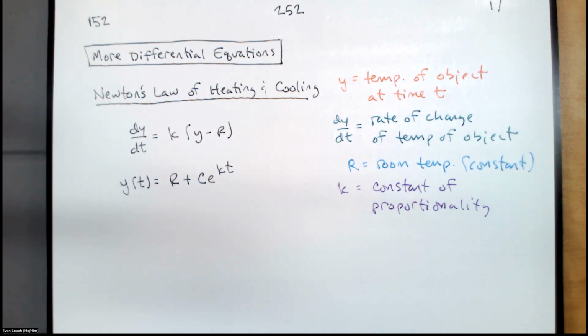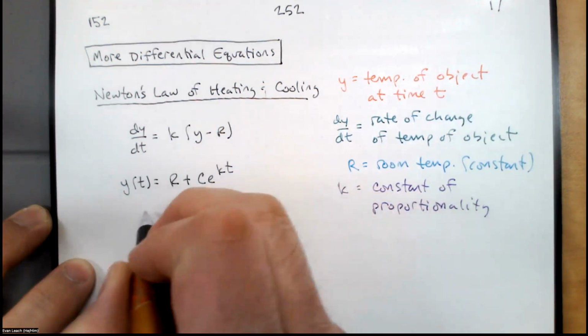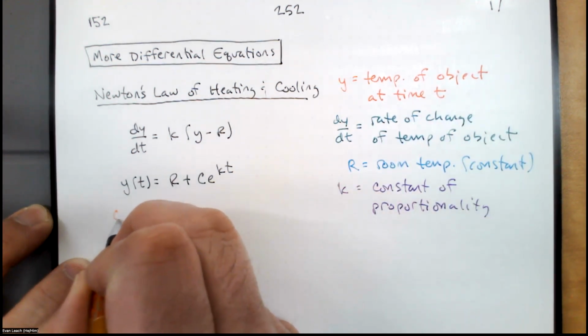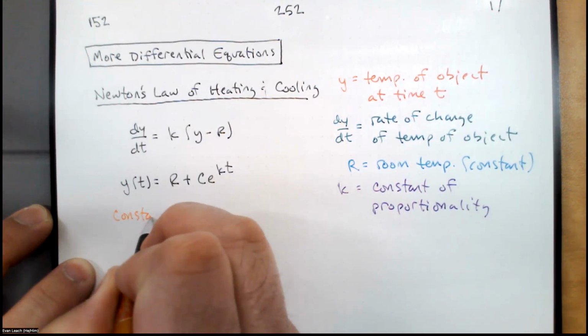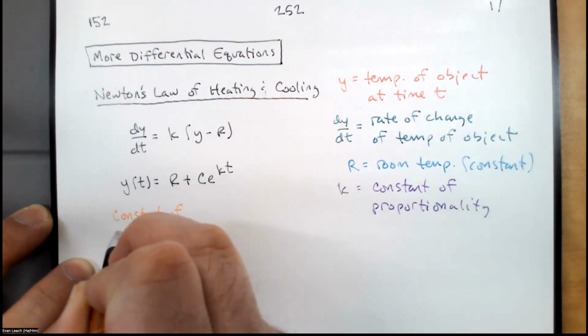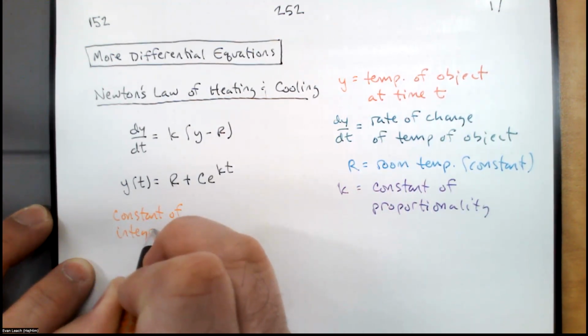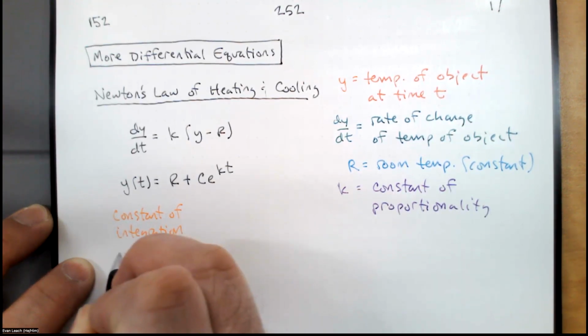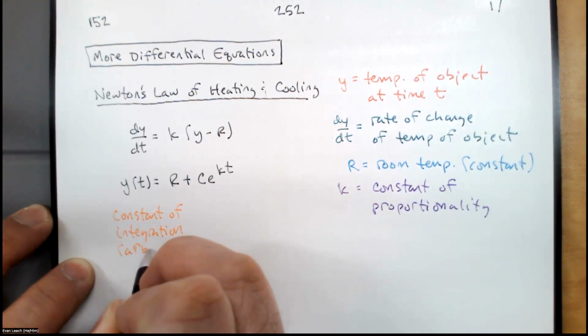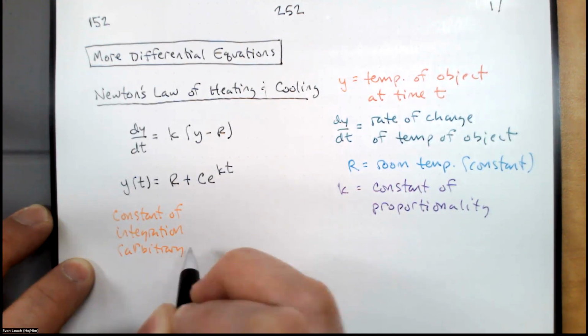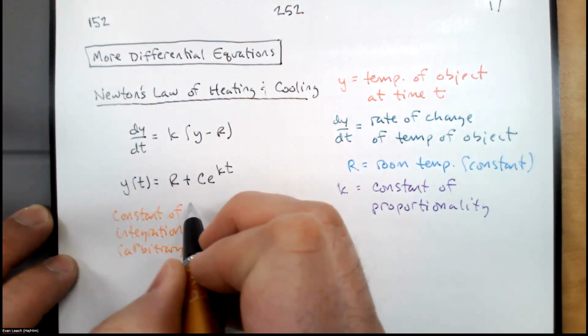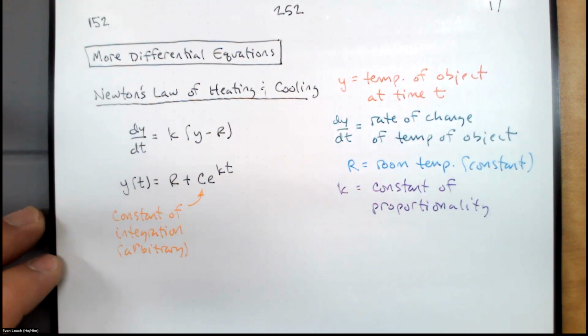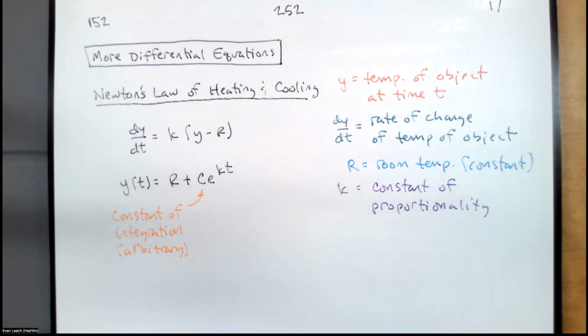C is the arbitrary constant that shows up when we integrate. So those are all the players.